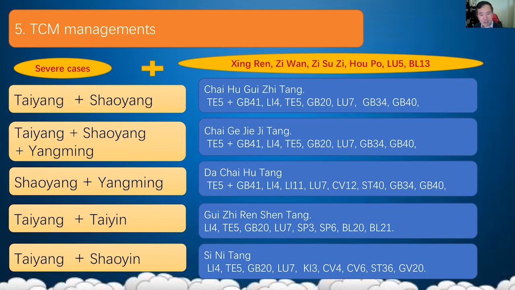If it's wind damp heat, toxic heat factors, then we have to use another system of differentiation. We use Sanjiao, for example. We cannot only rely on the six-channel differentiation.